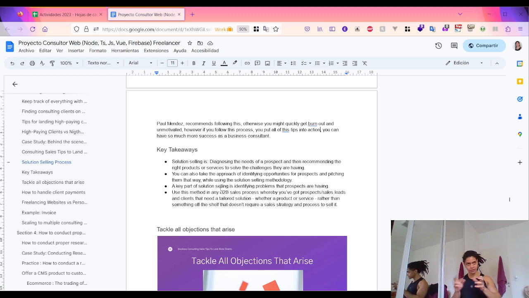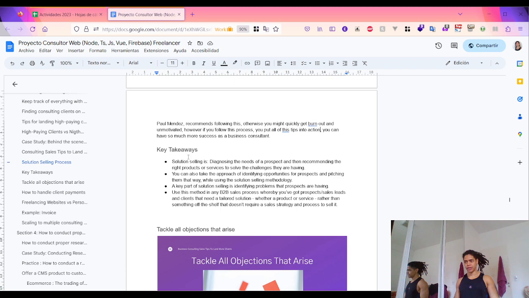Using this framework will help you vastly to be a successful consulting freelancer and to avoid burnout or getting unmotivated quickly.